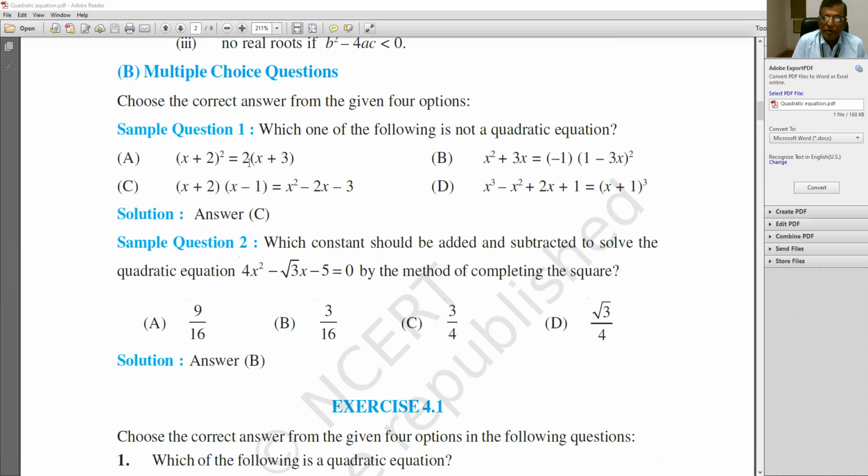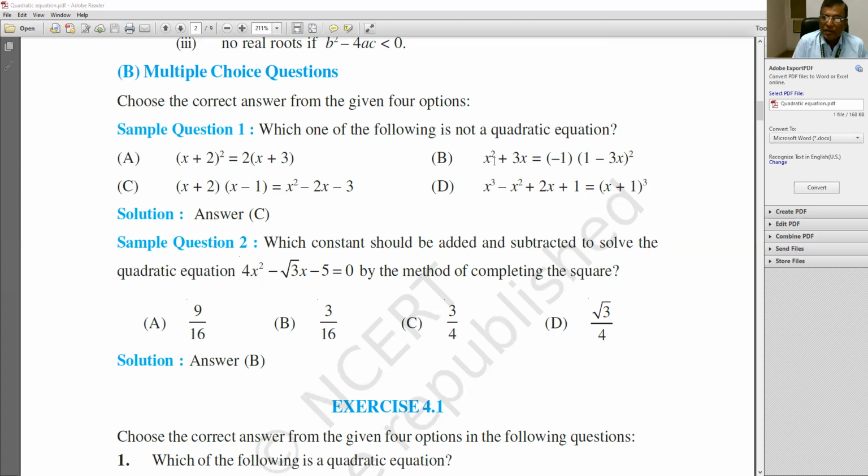Then you have to multiply this factor by 2, and after simplification you will find a quadratic equation. So this answer is not for you, because here is which is not a quadratic equation.